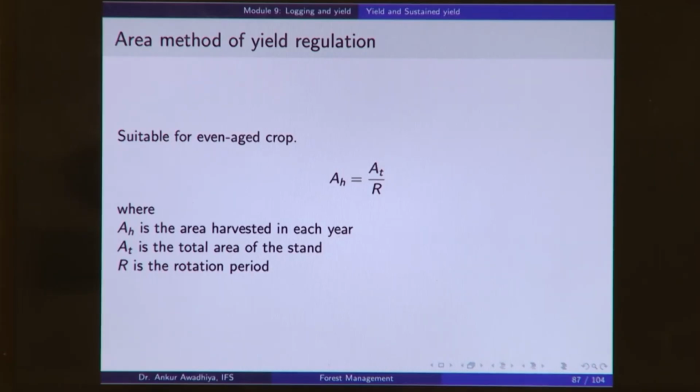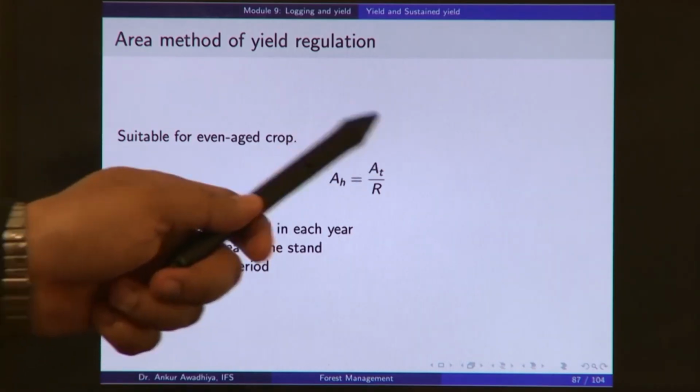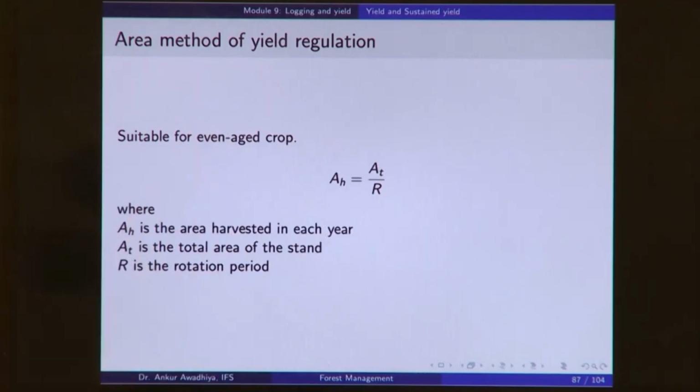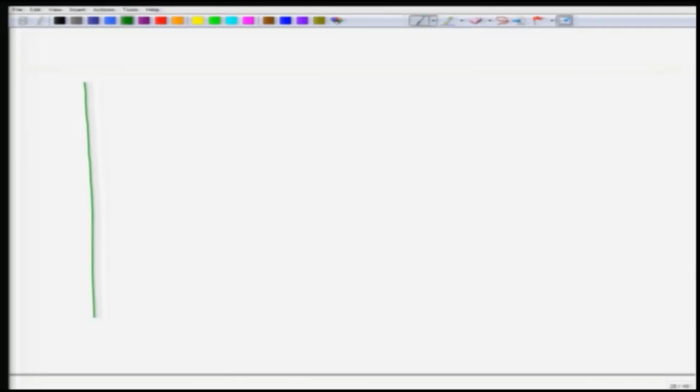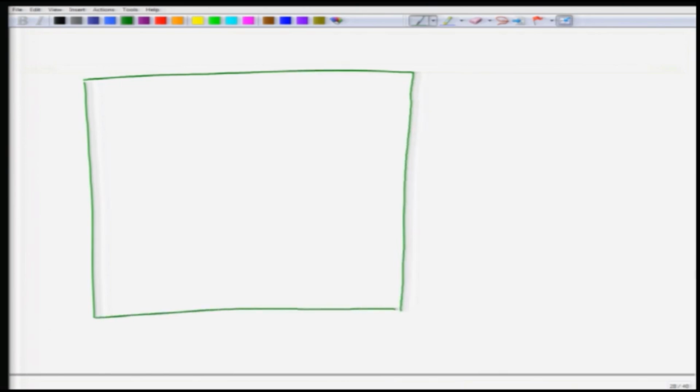Now, the area method says that in the case of an even aged forest, the area that should be harvested every year is equal to the total area divided by the rotation period. So, in the case of an even aged forest, suppose this is your forest, and let us say the rotation age is 16 years.